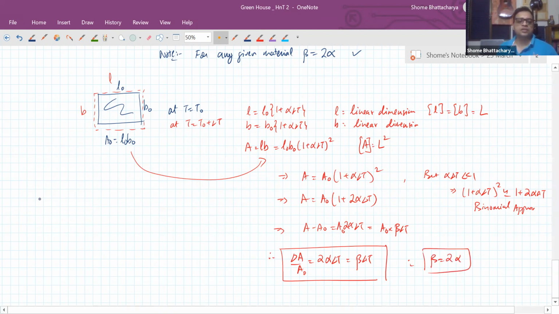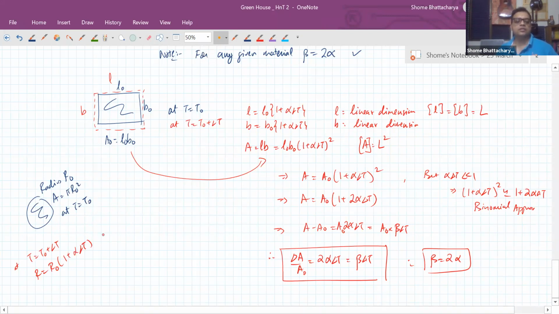Or another example you can see is, suppose we are talking about a disk which has radius r naught. So area equals pi r naught square at t equal to t naught. At t equal to t naught plus delta t, the radius becomes r naught into 1 plus alpha delta t.